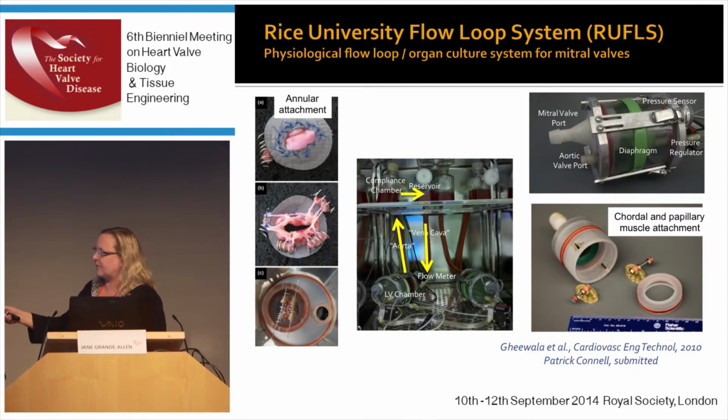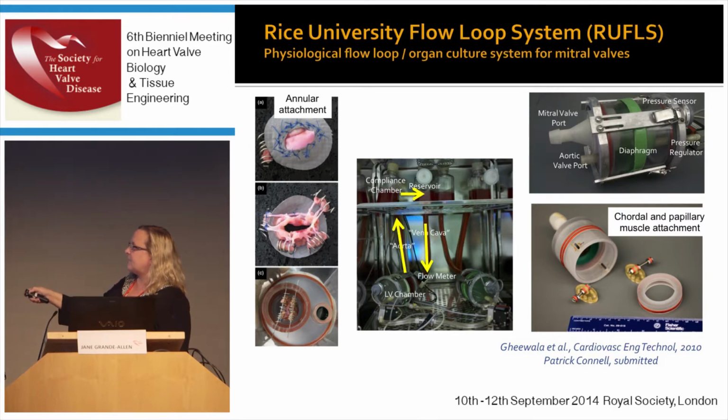And then at the base, we have the tips of the papillary muscles so we can constrain the chordae. We initially had the chordae and papillary muscles rather loosely constrained. Now we've gone to attaching them to this platform-based model so we can have precise control over where the chordae are.